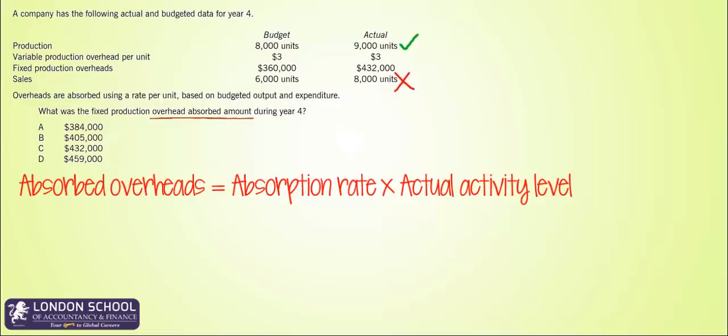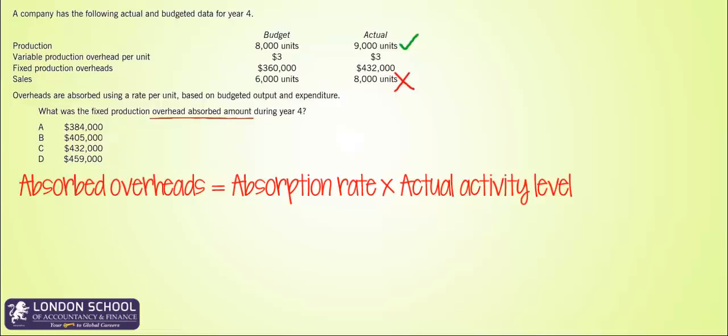So yeah, are we given the required figures? So we need the absorption rate. Are we given that? No, we are not given that. So we'll have to calculate it separately. Are we given the actual activity level? Yes, we are given. The actual production is 9,000 units. Now, let's calculate the absorption rate first.